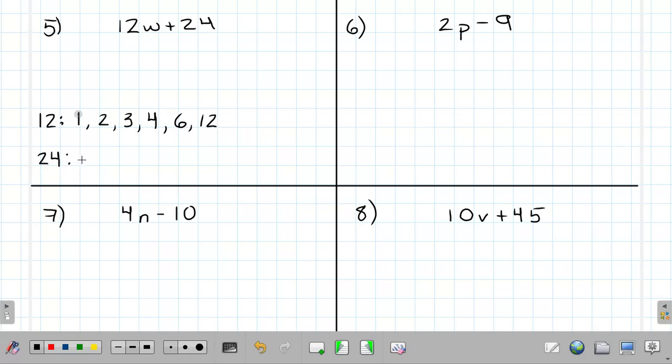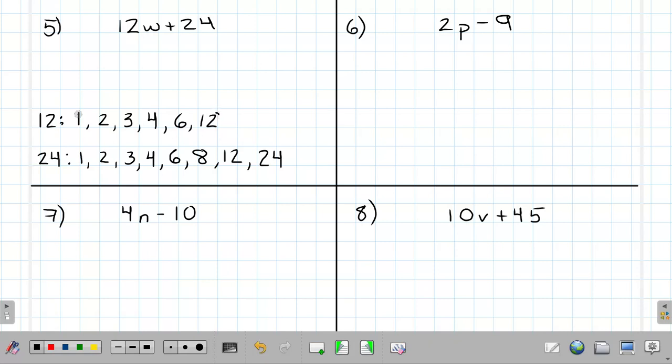And then the factors of 24 are 1, 2, 3, 4, 6, 8, 12, and 24. So a few more factors there, actually 2 more factors than 12. But once again, we technically didn't have to go past 12 here, so we didn't need to know 24 as a factor, even though that's one of the easier ones.